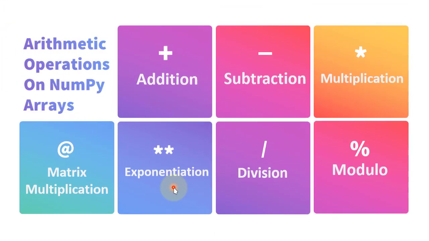Now we will talk about arithmetic operations on NumPy array. These are the arithmetic operations which we are going to study. One is addition, second one is subtraction, then multiplication, then matrix multiplication, exponent, division, and then modulo. So first one, we will study addition.